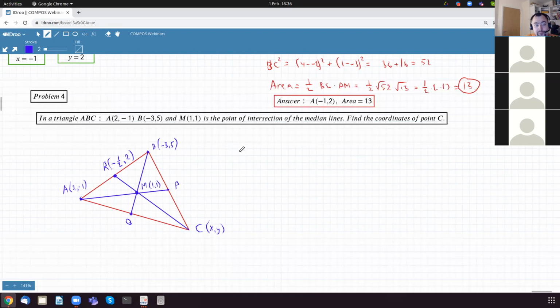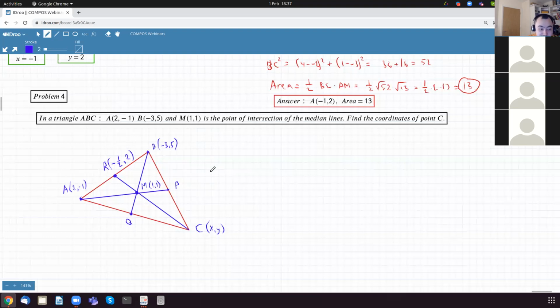Or what do we know about the point of intersection of median lines? If you remember, it's this from physics. The point of intersection of the median lines is RM is 1/3 of RC. Not quite. Close. You're very close. 1/3 of RC is RM. That is true. Yes, absolutely. So well done.